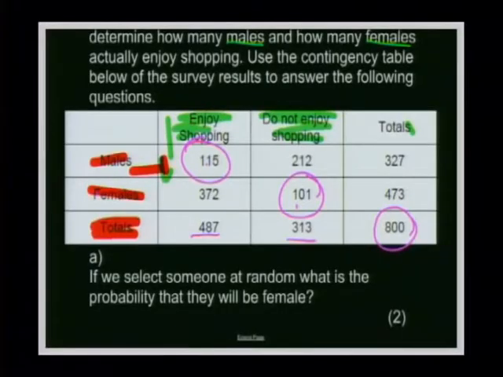Now we need to read the questions carefully to see what kind of information they want. If we select someone at random, that someone is basically someone out of our sample of 800 people. It's somebody that we have actually surveyed.